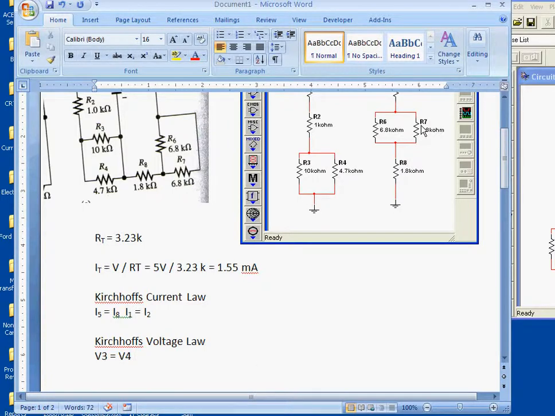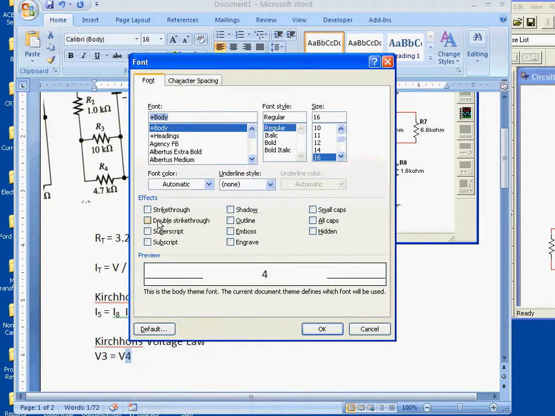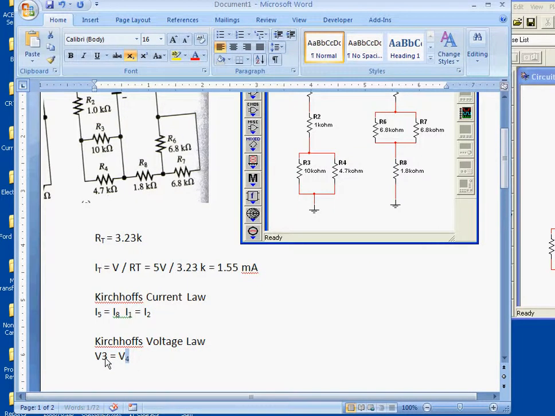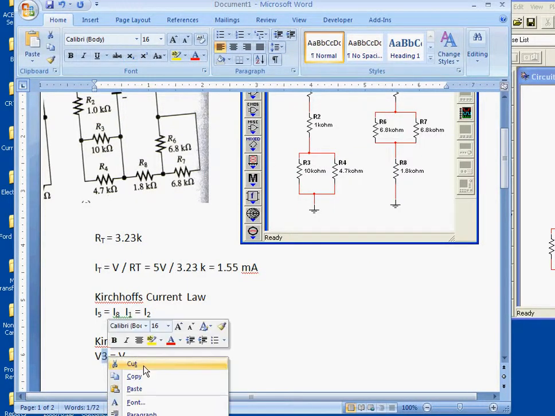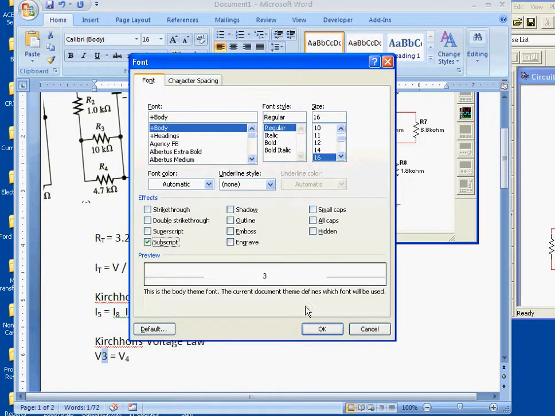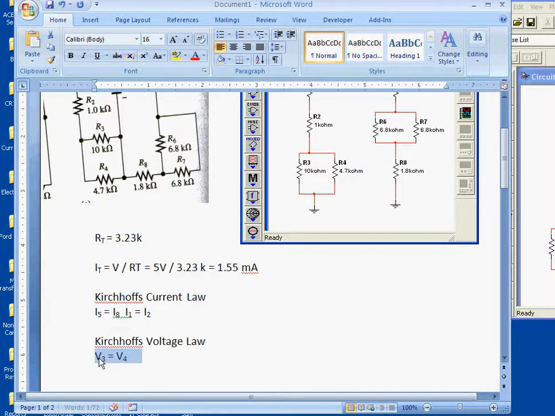We'll also find that the voltage over here at 6 and 7 are going to be equal too.